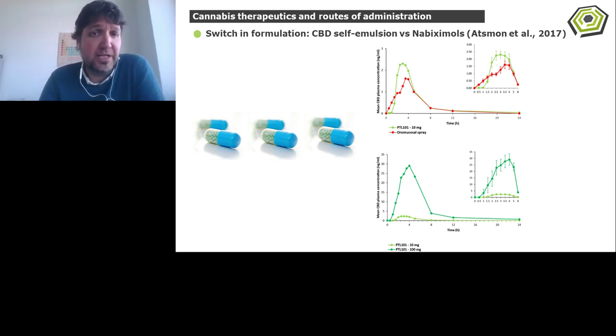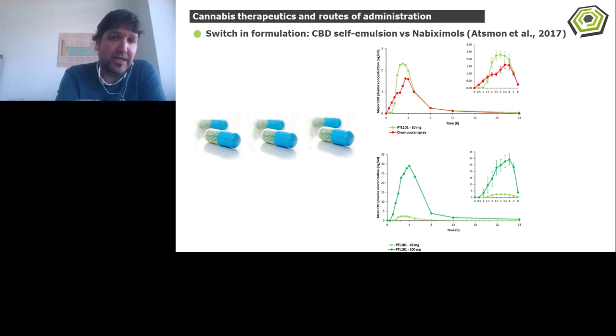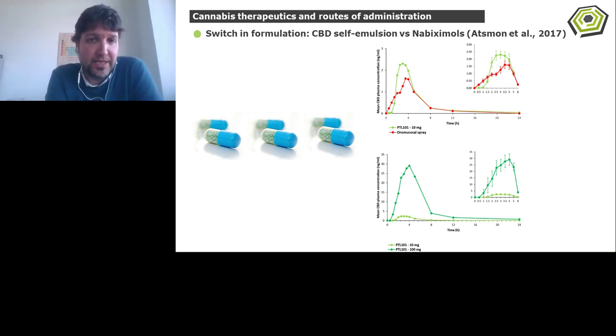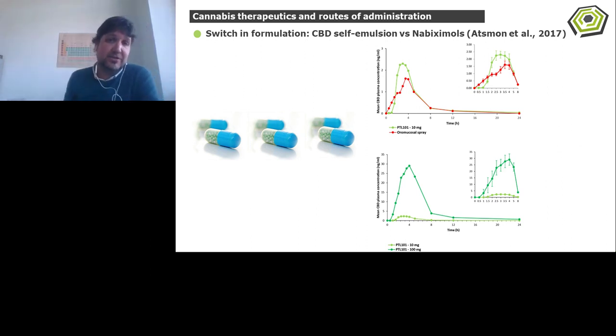Other formulations, like a CBD self-emulsion that was published by the Atzmon group in 2017, compared to Sativex itself, you can see how the green line is the self-emulsion, the red line is Sativex. You see how you get higher concentration at a faster time, and you have linearity with the dose.